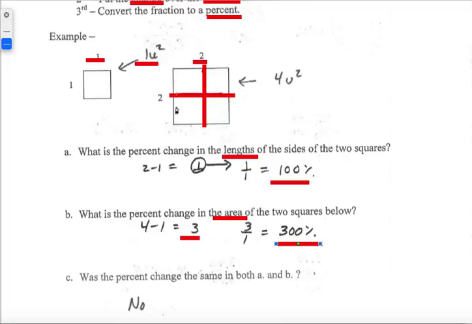When we're looking at area, however, this 1 by 1 square would consume this portion of my new figure. However, I would still have 1, 2, 3 additional squares. So I have 100% plus 100% plus 100%. That's the 300% that they're talking about.